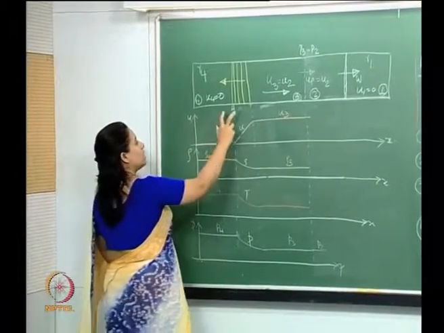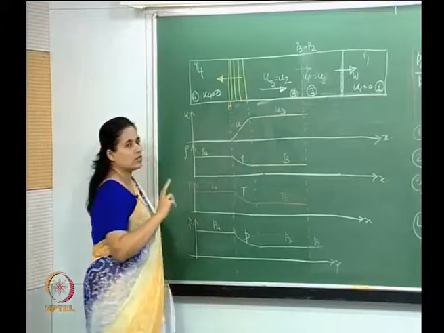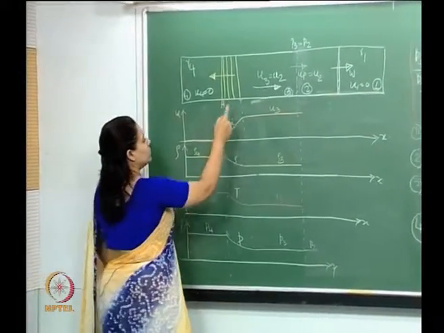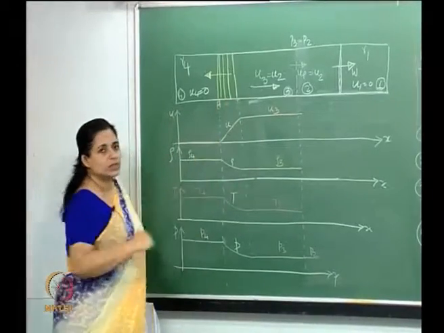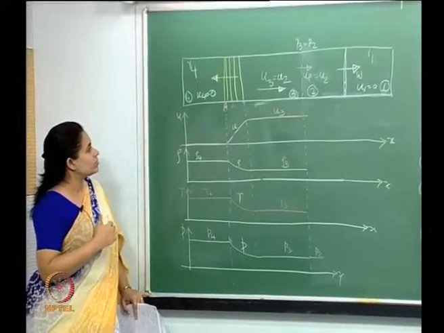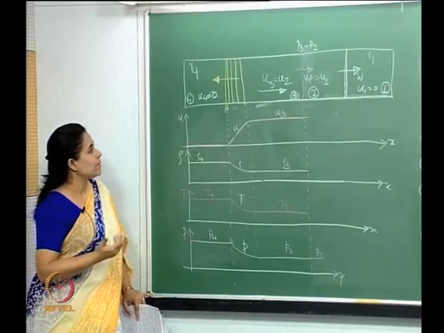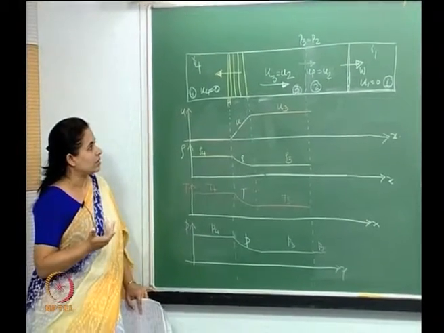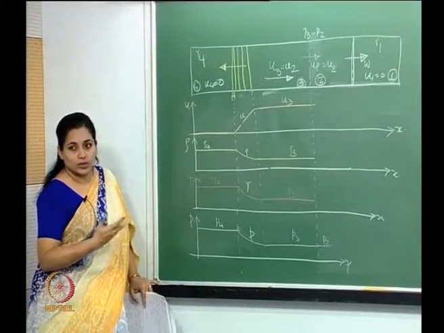We found that the characteristics for these are straight lines, and this is centered because they originate at the same point and move into the quiescent region. So it's a simple wave.